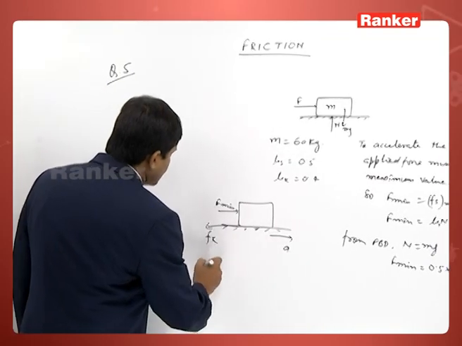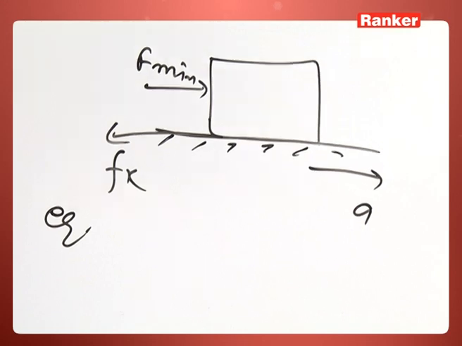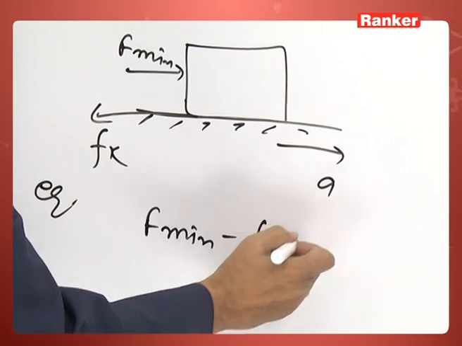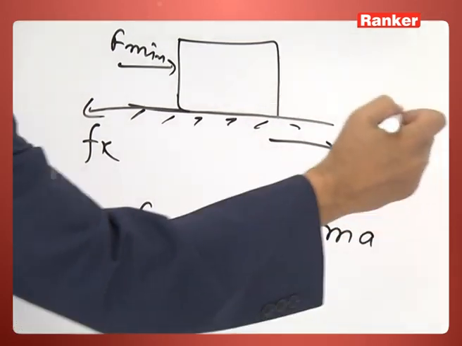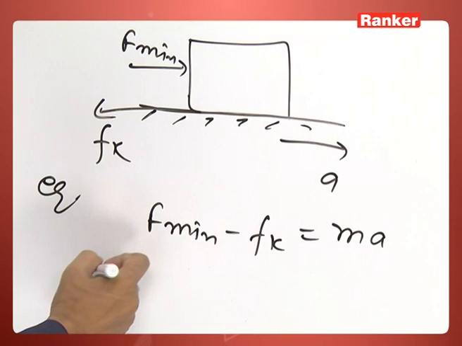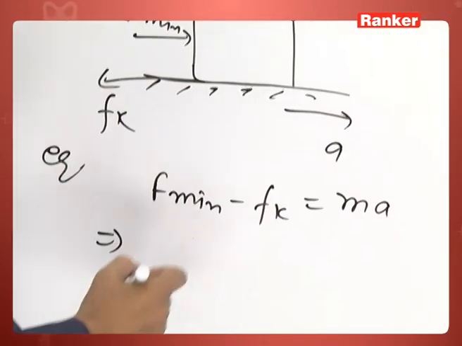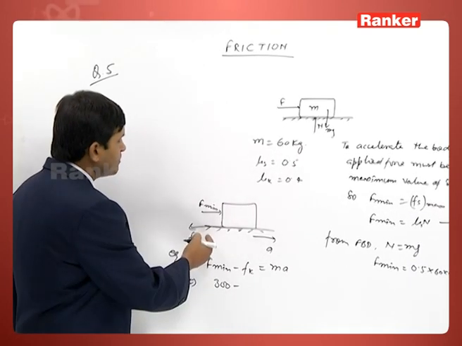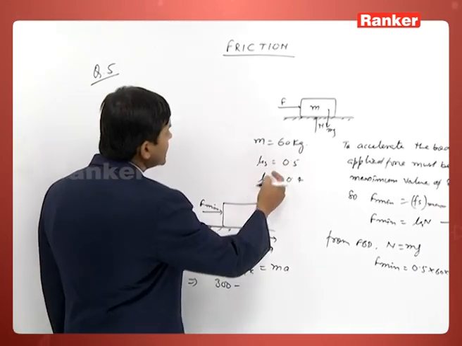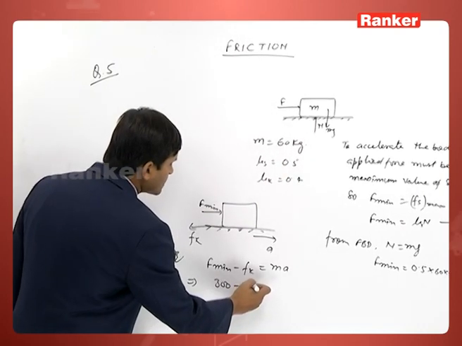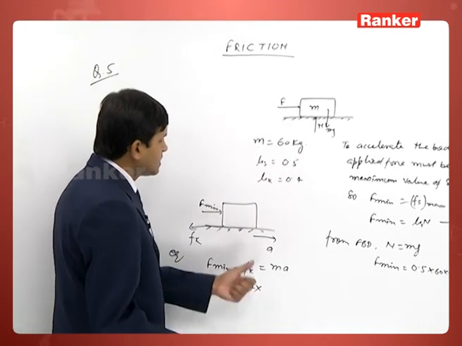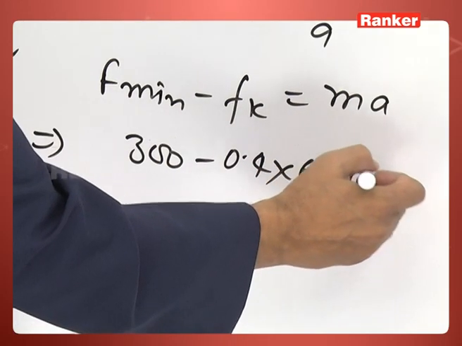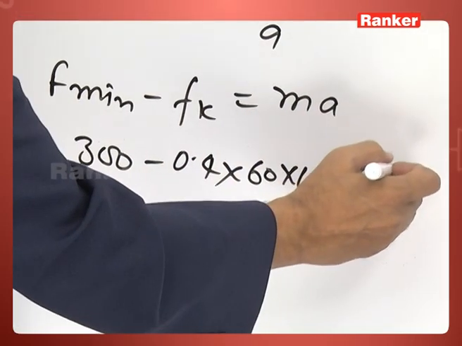So the equation becomes F minimum minus F kinetic is equal to m into A. F minimum we have already calculated as 300, and F kinetic we know is mu into N, where kinetic mu is 0.4, so mu k times mg, with m equal to 60 and g equal to 10, equals 60 into A.